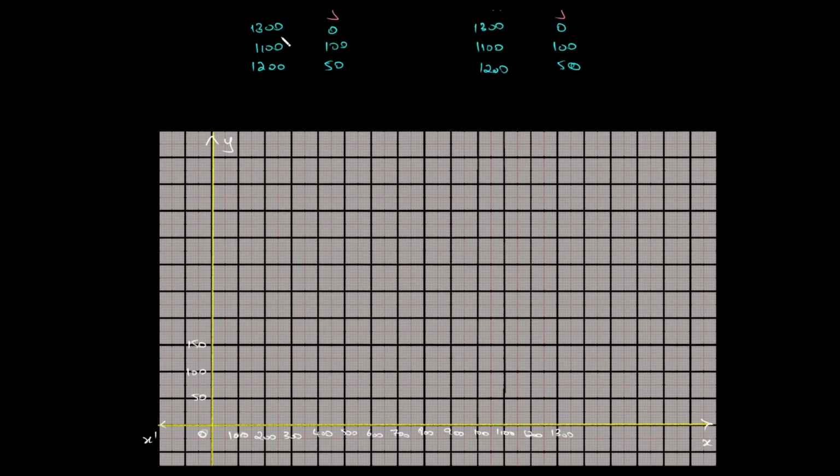So this is my y, and that's my x, y dash, and x dash. The information for scale, we'll write it once we draw the graph itself. So let's have a look at the values. We have 1300, 0. So it's over here. Then we have 1100 and 100. So it's over here. And the third value is over there.